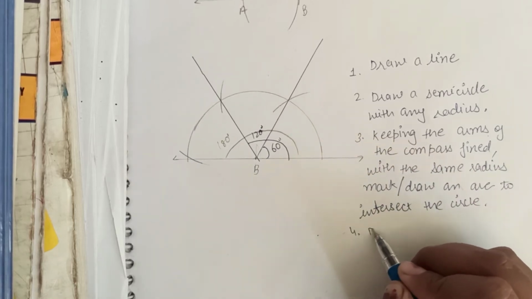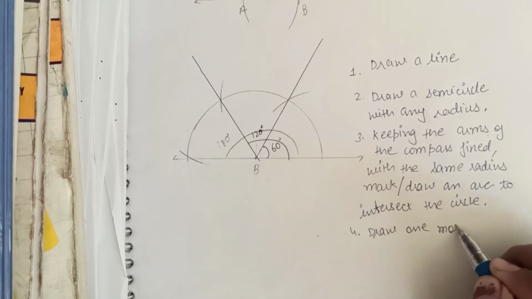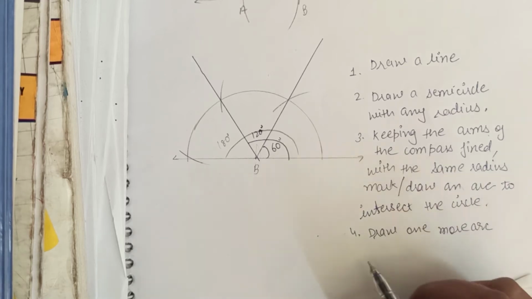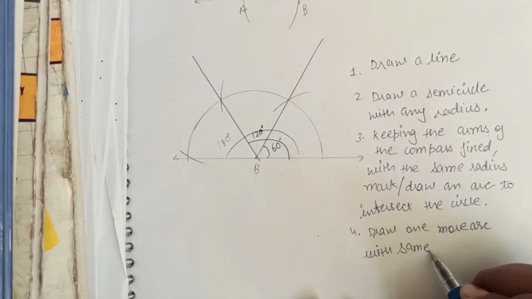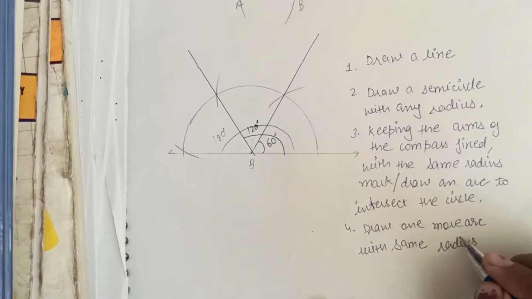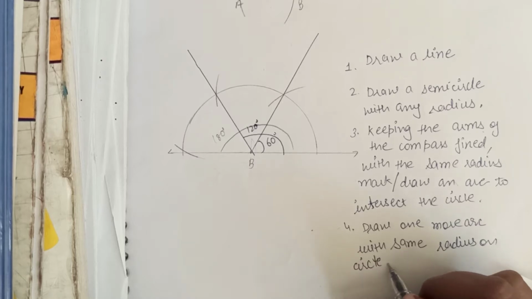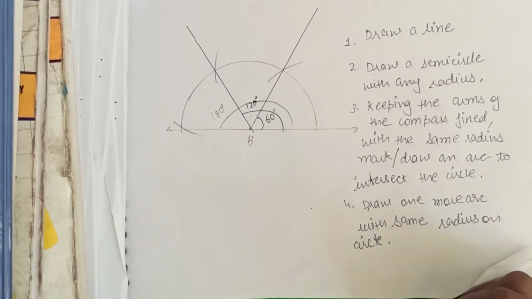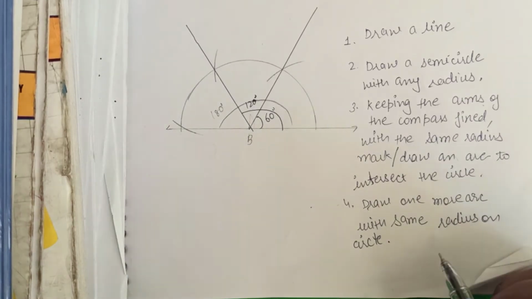Fourth, draw one more arc with the same radius on the circle, right? And for 180 we will do the fifth one, draw one more arc with the same radius from the second arc, right? From the second arc.